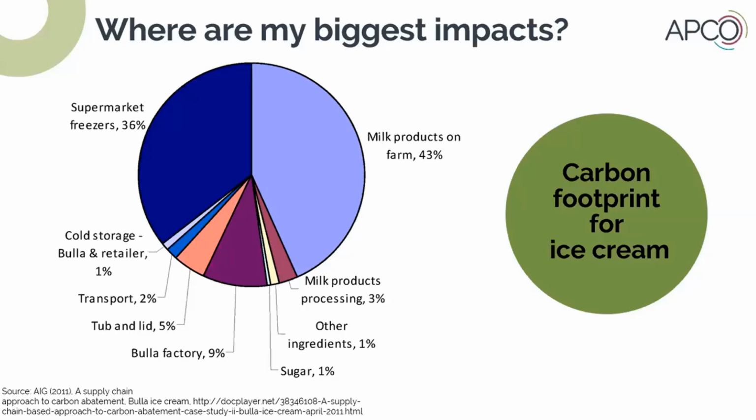But in this case, the question was around the value chain and how can we work together to look at impacts. And that really focused the attention of the brands on on-farm impacts. Similarly, this sort of data can be used for carbon reporting or environmental product declarations and so on, as Jane set out at the beginning in terms of certification or communication.